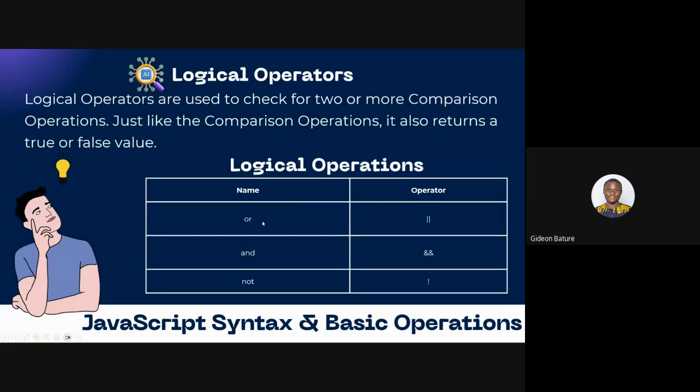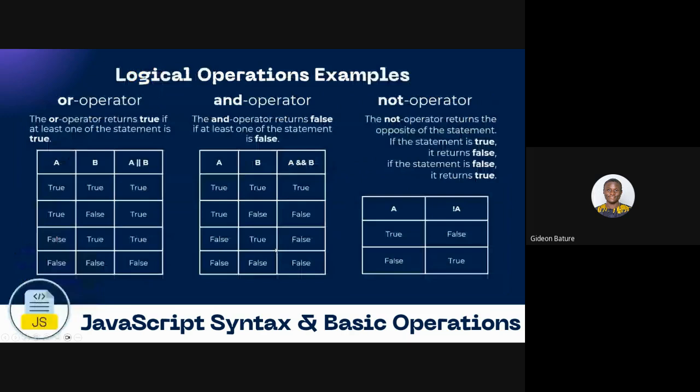And we have or, and, or not. So for the or, so far any of the comparison operators that I'm checking is true, the result of the entire logical checking is going to be true. So far one is true, my result will always be true. My result will only be false if both of them are not true.